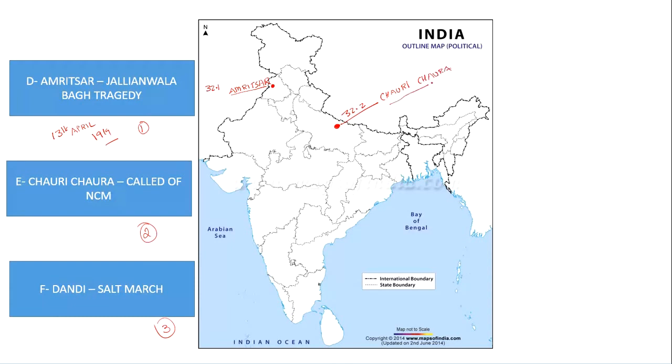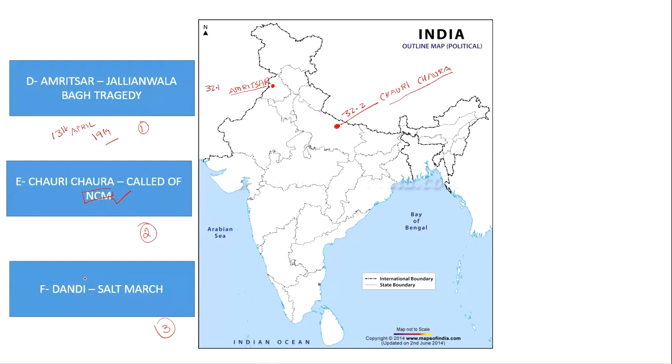Chauri Chaura is the second place. It was here, you know, angry Indians attacked police in Chauri Chaura, and the entire event turned into violence. And Gandhiji called off, he held back the non-cooperation movement. Because that is the second most important place here.